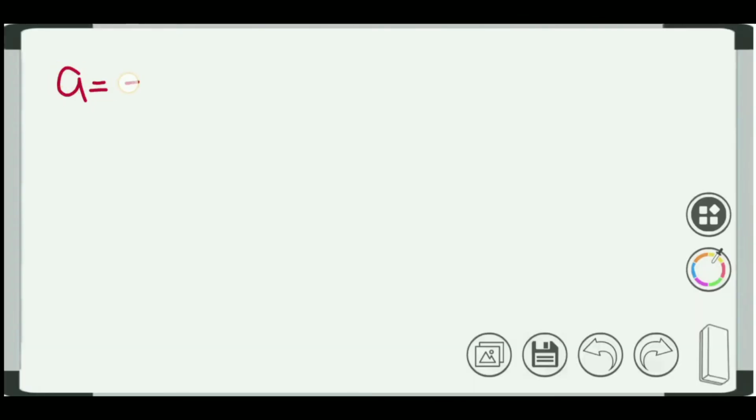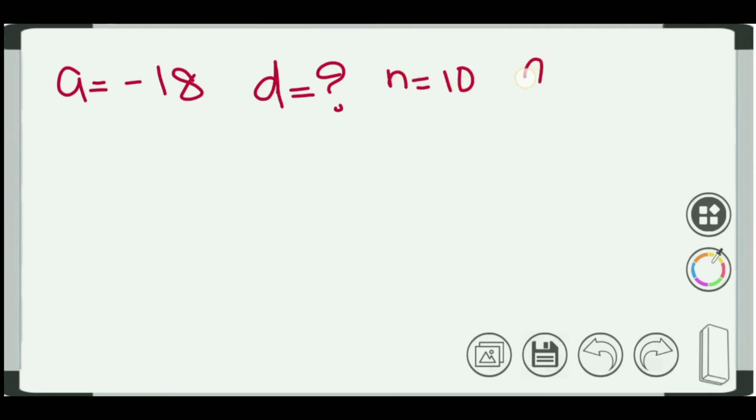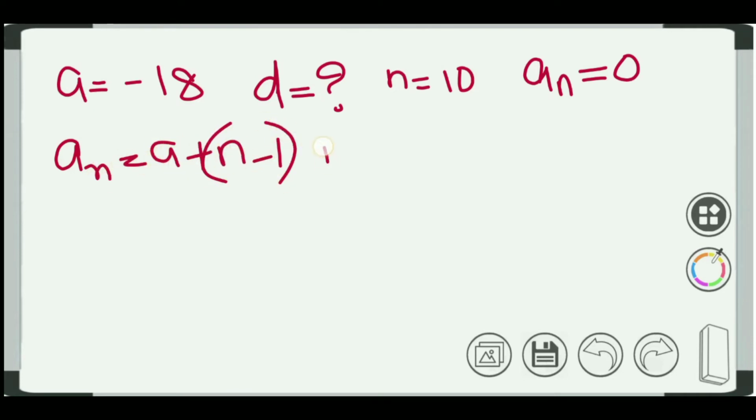Now second one. A is equal to minus 18 is given in the question. D they haven't given, so we need to find the value of D. N is given as 10. An is equal to 0. Here again you can use the same formula. An is equal to A plus N minus 1 into D. Substitute the values.